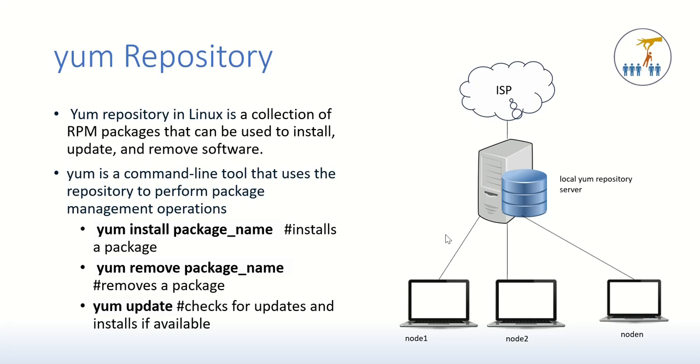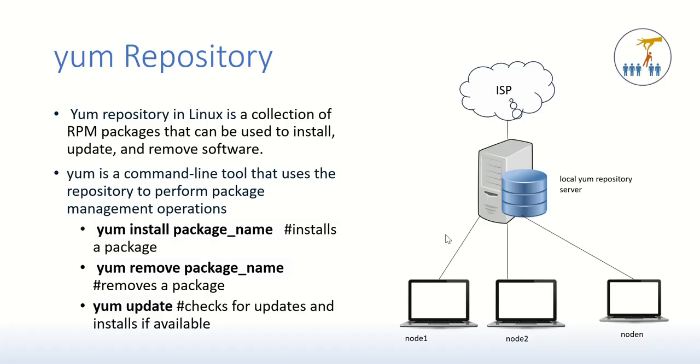Now we need to see what the need is for creating a local yum repository. If we look at the picture on the right-hand side, there's a local yum repository server that we are creating in our local area network.